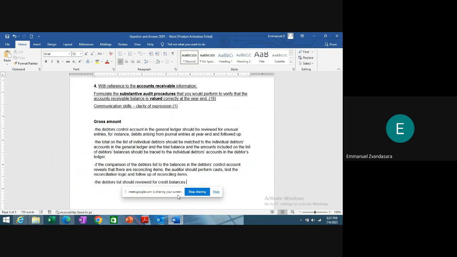Okay. Let's look at the issue of accuracy, because we're saying accuracy, valuation, and allocation. We said accuracy and allocation. Let's now look at accuracy and valuation. Still, if we come back to a cash sale transaction and allocate it to debtors, when we follow the documentation, that's why we need to understand the documents used in each cycle.